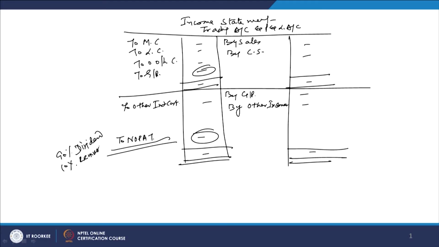This is called reinvested in the business, 10% is reinvested in the business. So, it means the dividend policy of the firm is that a larger part of the profit, the net operating profit after tax, which is the reward of the business operations, will be distributed amongst the shareholders, and only a very nominal part of this profit will be reinvested back into the business, right.